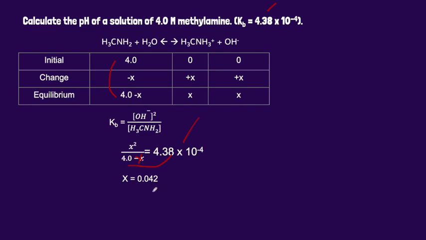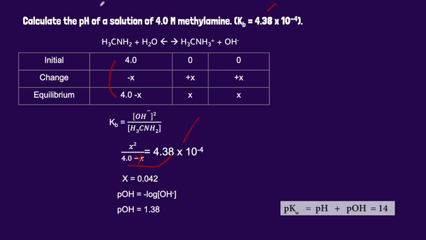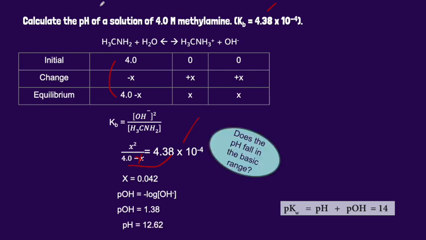And the value for your x should be 0.042. You take a negative log of that, and you get a 1.38 as your pOH. And you can easily calculate the pH from that, which is 12.62. So does this fall in the basic range? You always have to make sure at the end of the question.